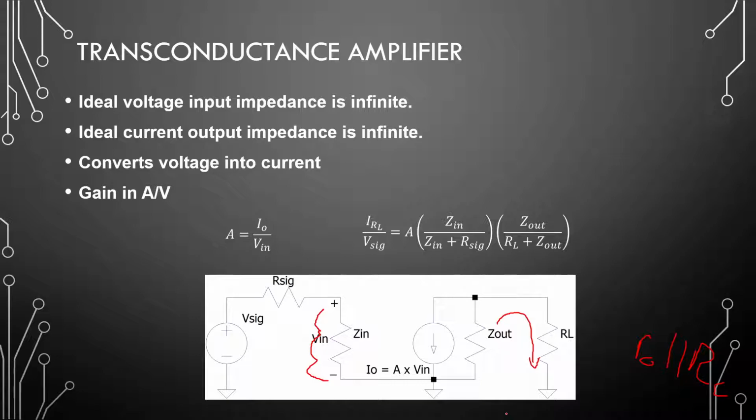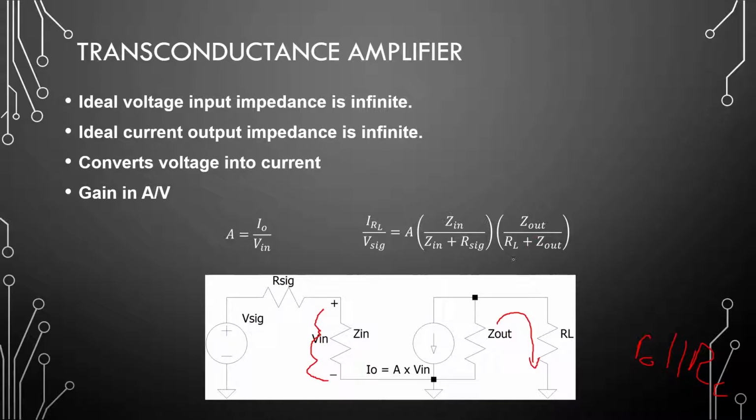Okay, but typically we use this for voltage amplification. So we have major losses when dealing with our common emitter amplifier. Right, so the total gain here in the end would be this transconductance right here multiplied by the voltage division on the input and the current division on the output.